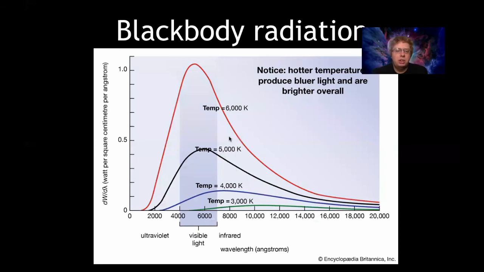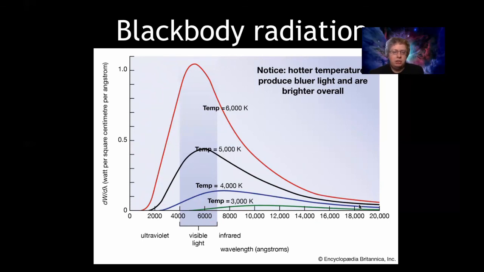Instead, what you end up with is a spectrum, the amount of light at different colors, that looks something like this. We call this a black body radiation curve. So the light is smeared out in this characteristic skewed bell shape.